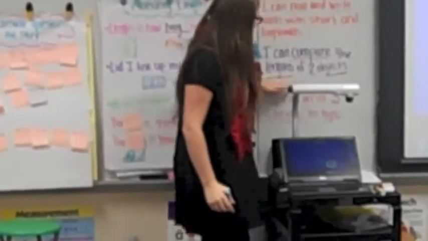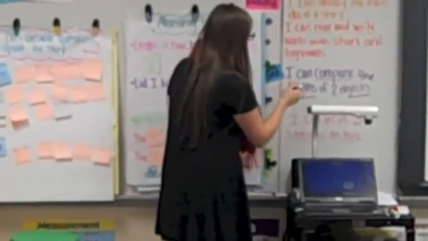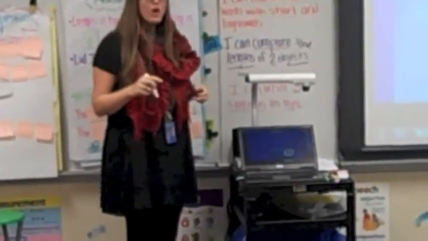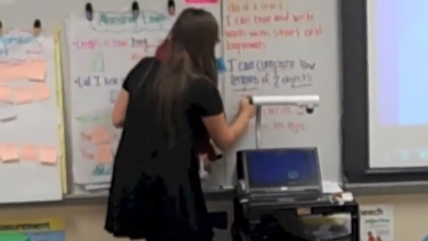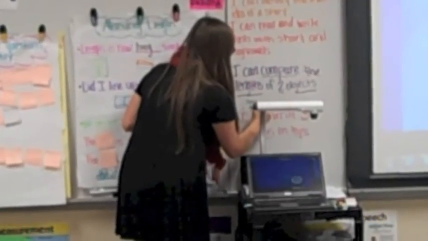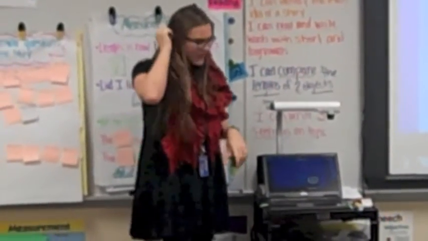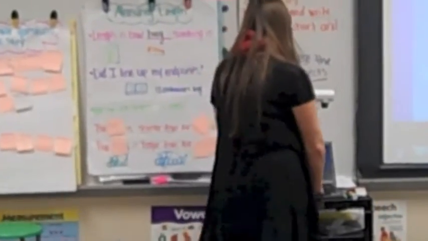So today when we compare lengths of an object, we're going to be comparing how what? How long. We might even use the word how short something is. Okay? So I'm going to model for you exactly what that looks like.